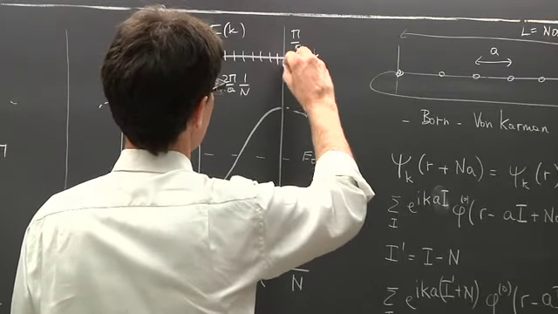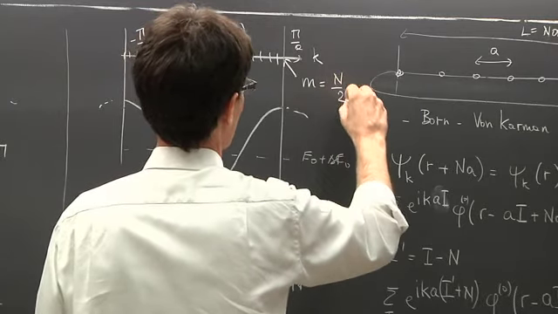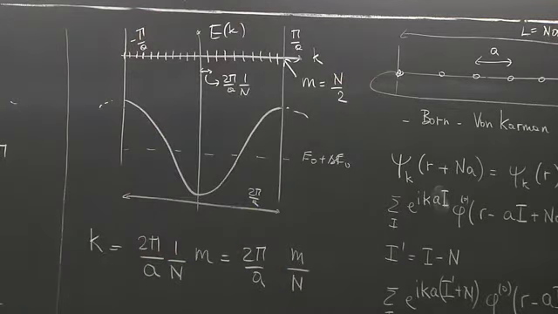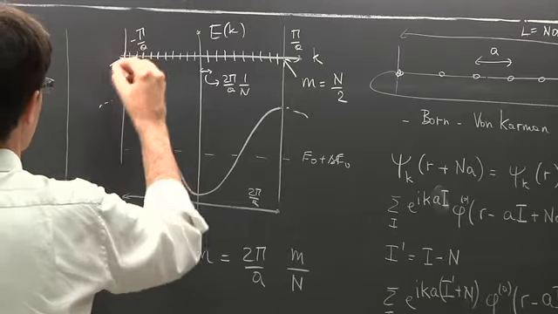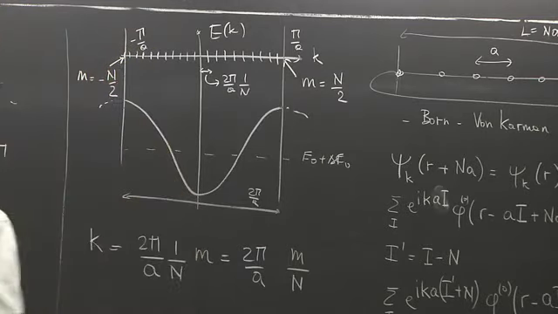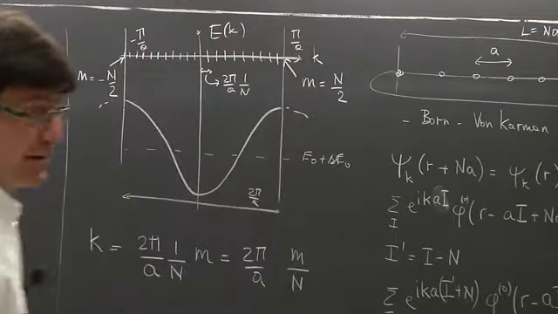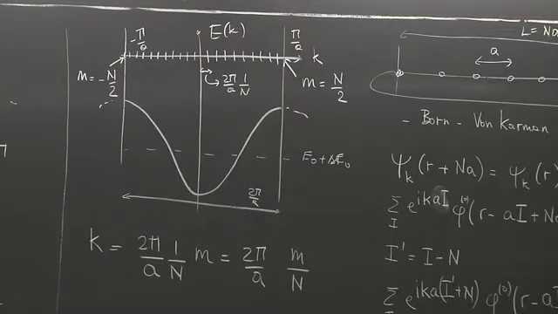This point here will be m equals capital N over 2. I'm assuming that N is even, okay? N is large, but I can make it even. Similarly, this point here will be m equals minus N over 2. So in total, I will have capital N slices in this segment.